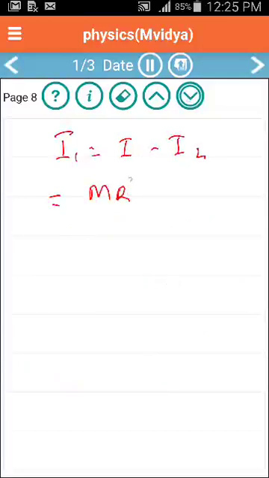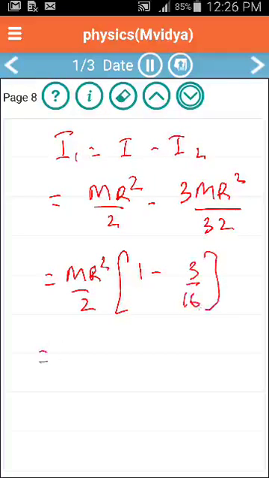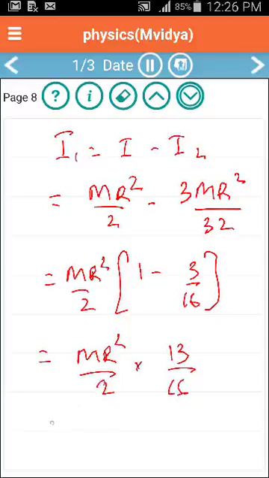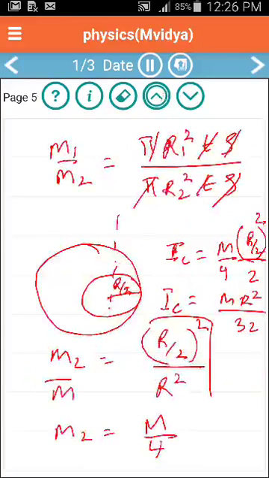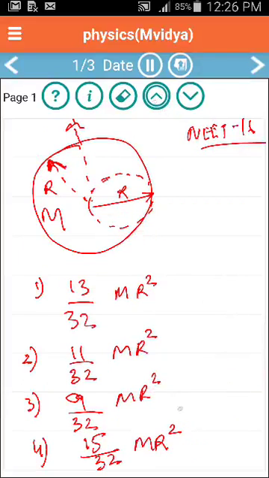So it is mr squared upon 2 minus 3 mr squared upon 32, which is mr squared upon 2 into 1 minus 3 upon 16, which is 16 minus 3, 13 upon 16, or I1 is equal to 13 upon 32 mr squared. So this is our answer.